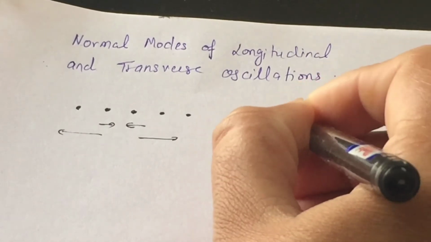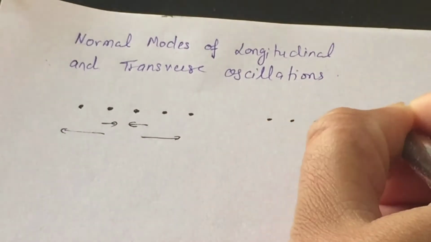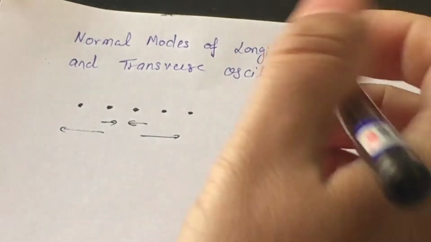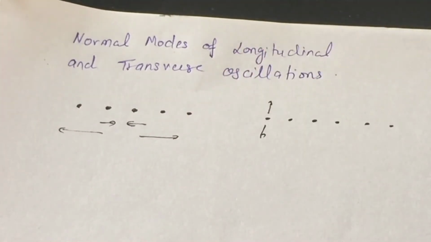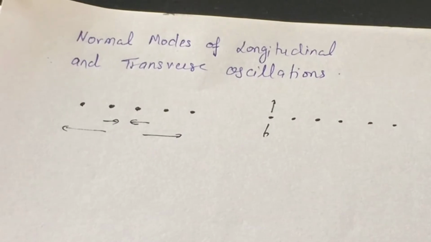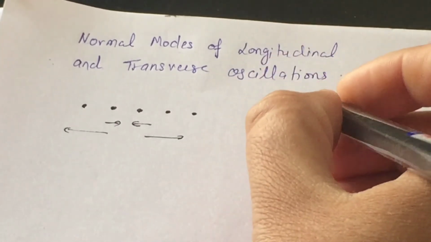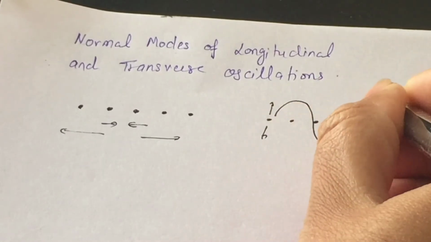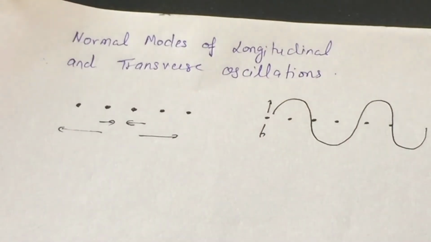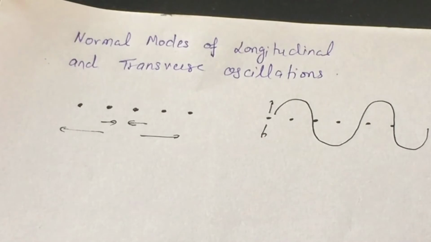But if the particles in the medium move to and fro about their mean position, up and down, then the wave or the oscillation moves in the form of crest and trough, and these oscillations are known as transverse oscillation.